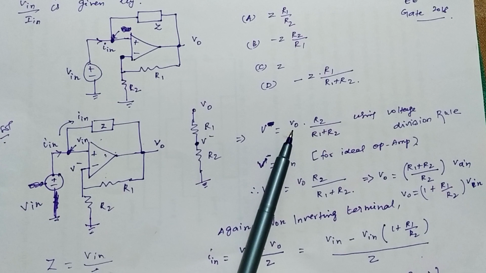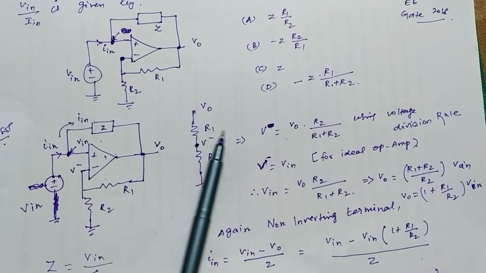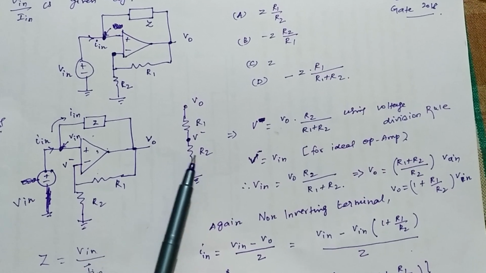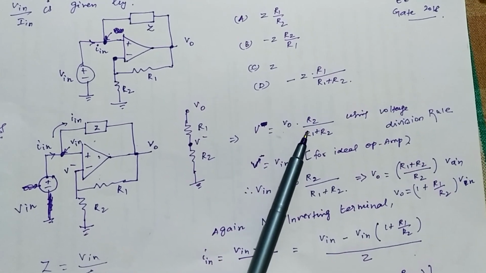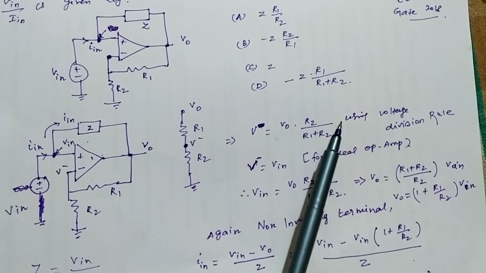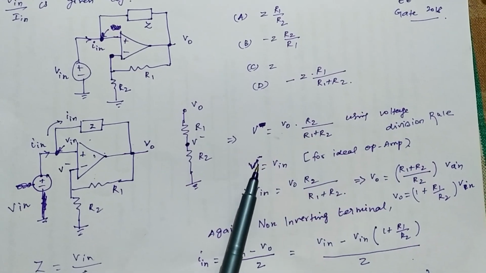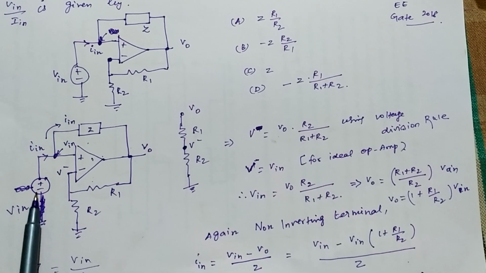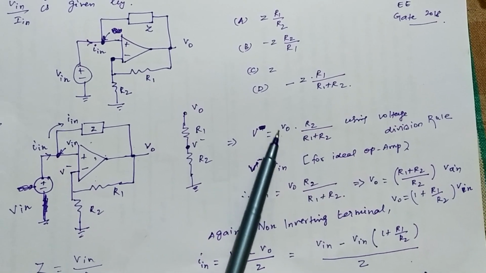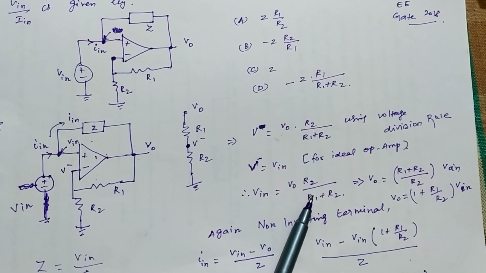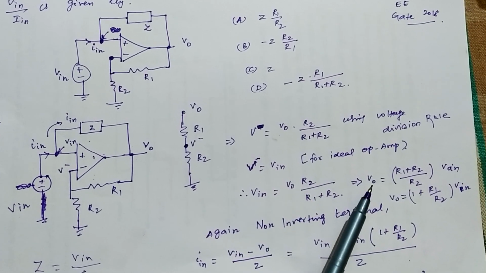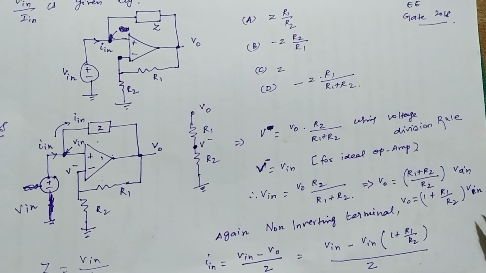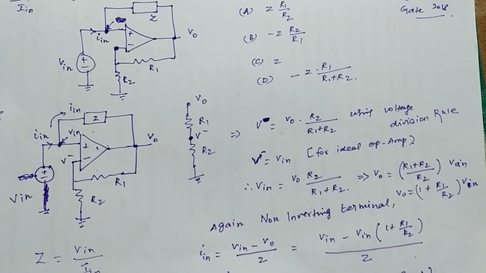Using the voltage division rule, V minus equals the total voltage times the drop in this resistor divided by the total resistance. This V minus is nothing but Vin, as we said previously. So from this we get V naught in terms of Vin.